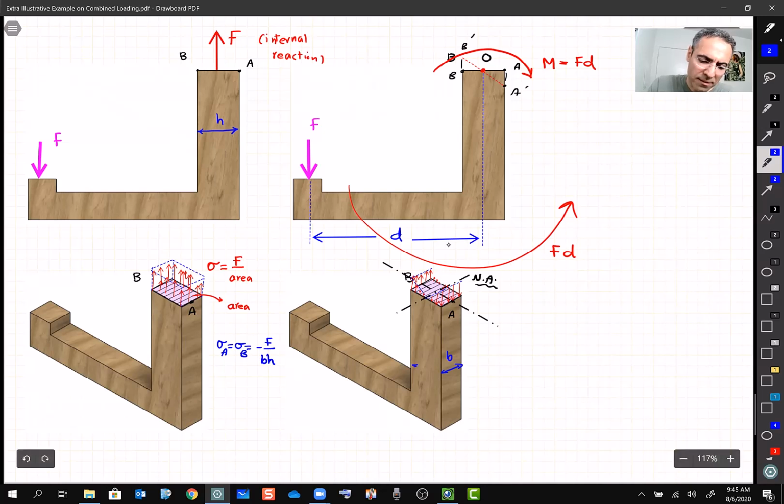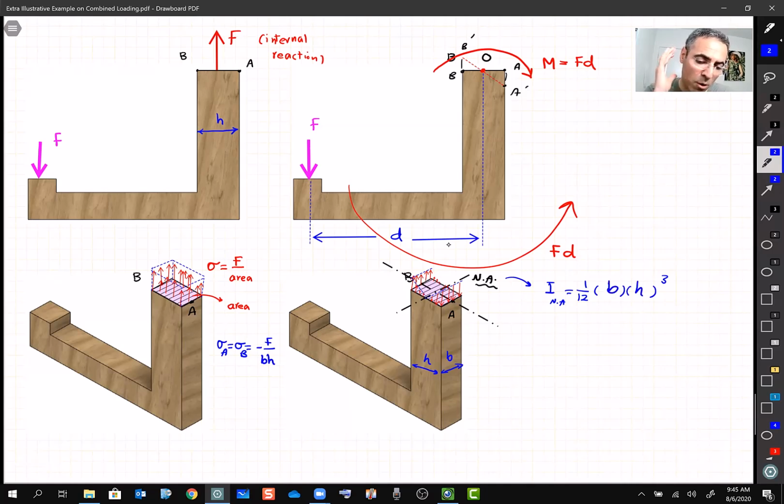And here, be careful, we have our neutral axis. So I about the neutral axis is going to be 1/12 BH^3. And please, again, later go and check these things and make sure that you understand them.